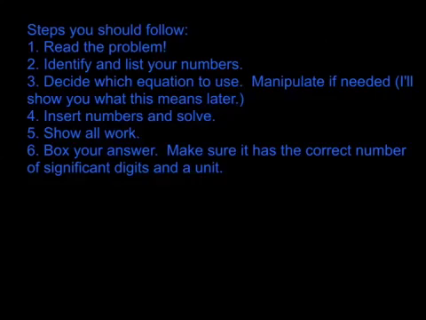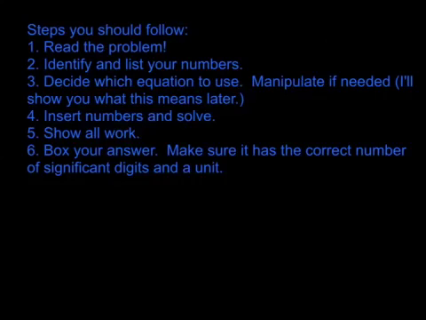Here are the list of steps that you should always be sure to follow. First and foremost, you need to read the problem. You will then identify and write down all the numbers that you're given. Next, you decide which equation you're going to use. Sometimes you may need to manipulate it a little bit differently. I'll show you in one of our examples what I mean by this.